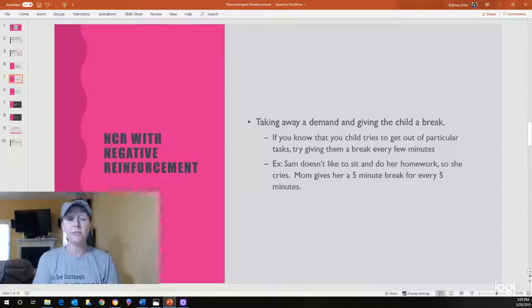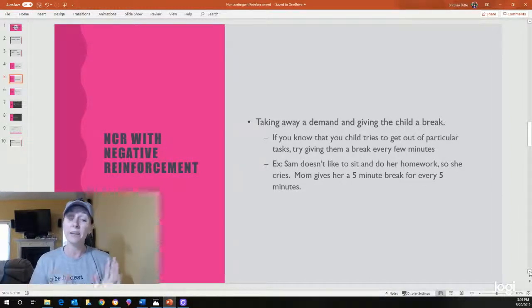So non-contingent reinforcement with negative reinforcement. In this case, we're taking something away. Just to remember, positive is plus, negative is minus. It's literally just math. Don't think of it as good and bad. I know that can get very confusing, because sometimes I have to stop and think about it.